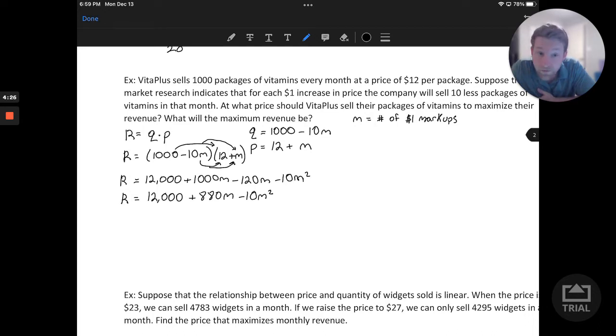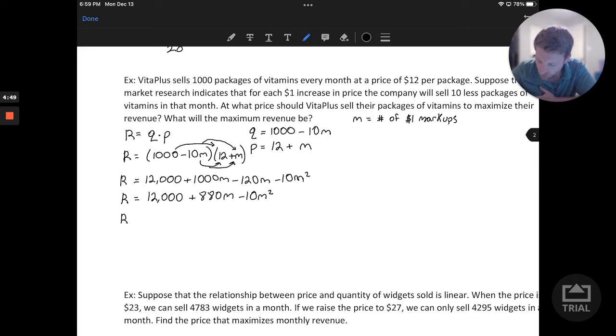So now that we have a revenue function, we can consider maximizing it. We know that we can maximize our function by taking its derivative, its rate of change, and setting that equal to 0. We want to know where the rate of change of this function is 0, which will be the maximum in this case, because again, we have a downward facing parabola shape.